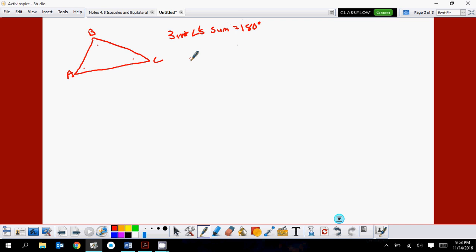Okay? So, I may give you two numbers, and you've got to find the last value. So I would add up 23 plus 67 plus x equals 180, and find that the missing angle is 90 degrees.